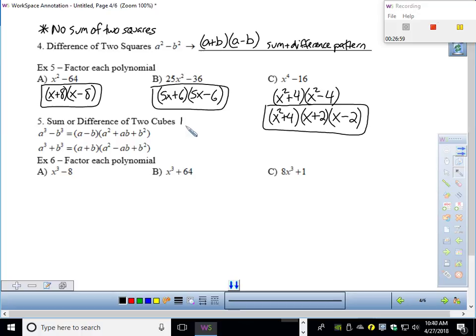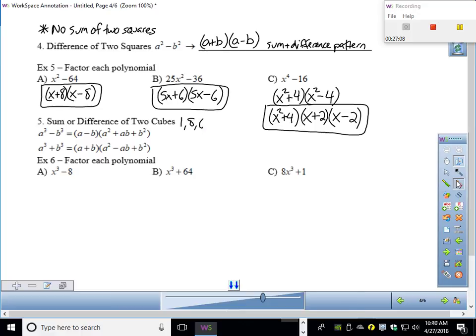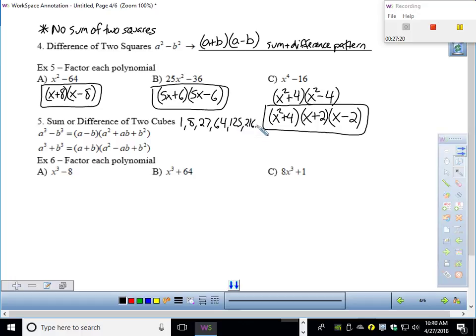I'm going to put them here for you, being the nice guy that I am. 1 cubed is 1. 2 cubed is 8. 3 cubed is 27. 4 cubed is 64. 5 cubed is 125. 6 cubed is 216, and so on. So maybe that's helpful for you as you look at these.